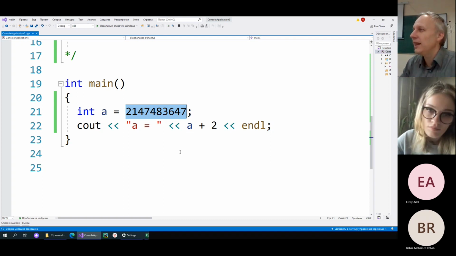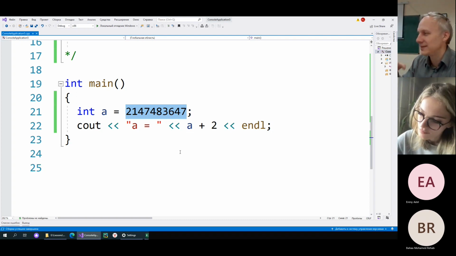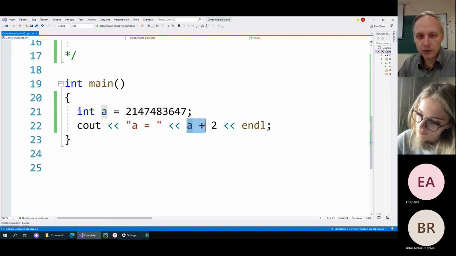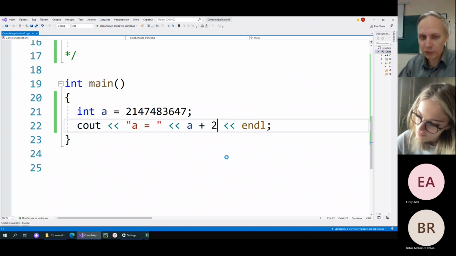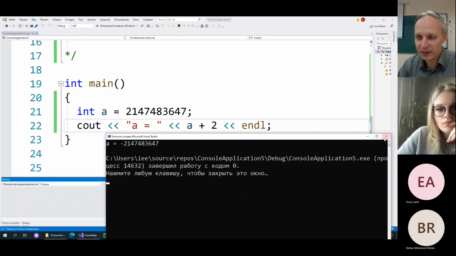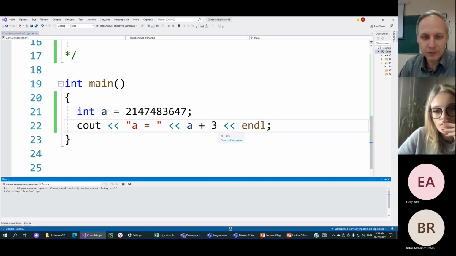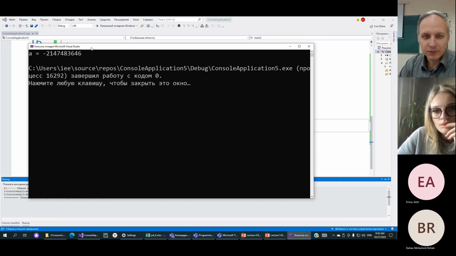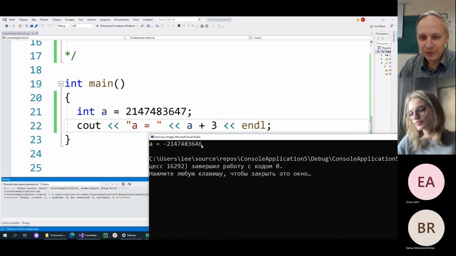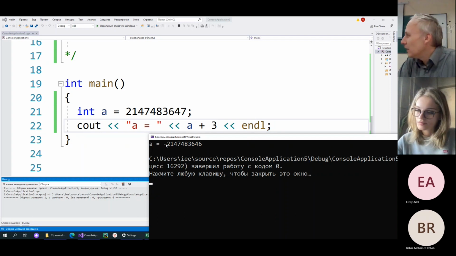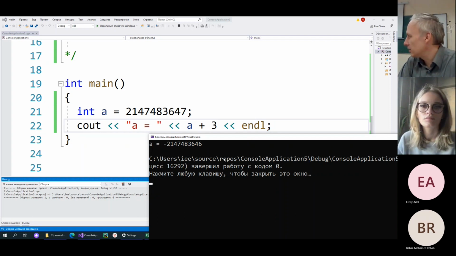This number is the largest number that can be represented in the computer, in the type int, of course. A plus 2 goes out and we will see some other result. A plus 3, we see some unpredictable result.